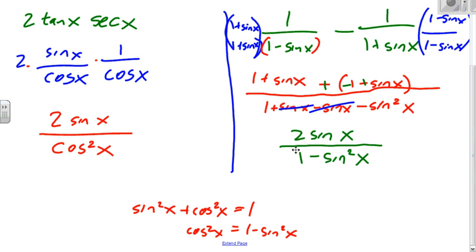So replace our denominator, 1 minus sine squared, with cosine squared. And now we show that the left side equals the right side. So we're done.